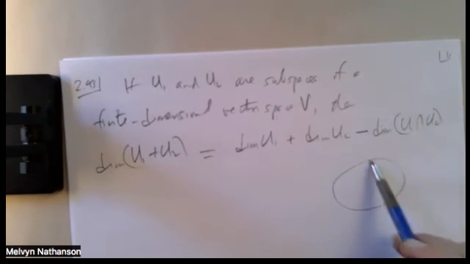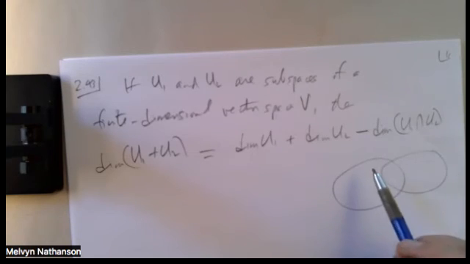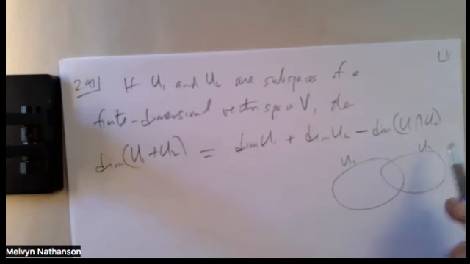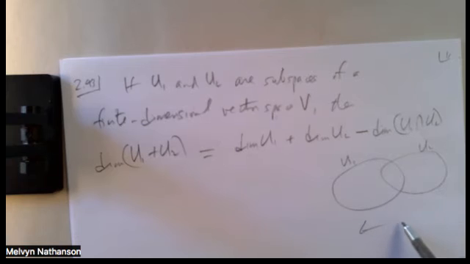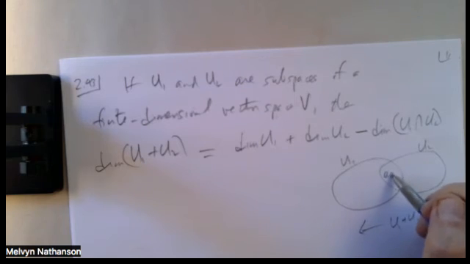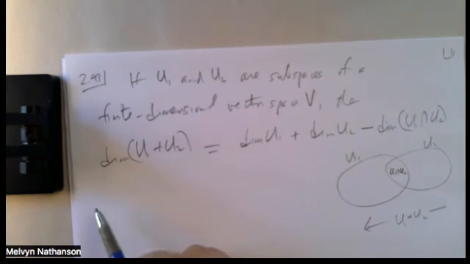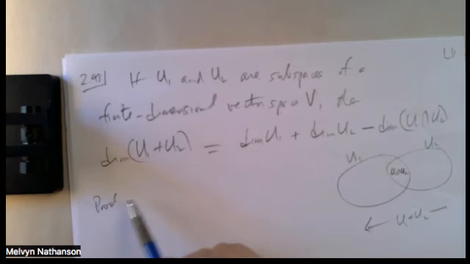So you can almost think of this as something with a Venn diagram. Maybe this is U1, this is U2. The whole thing together would be U1 plus U2. And where they intersect, that's U1 intersect U2. So you could say the following, this is a proof.